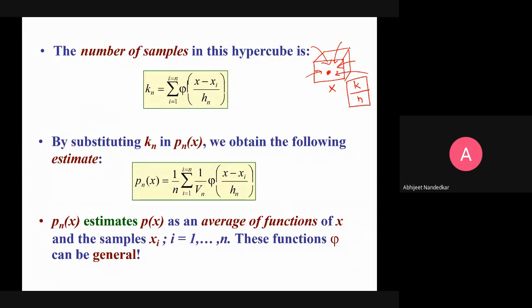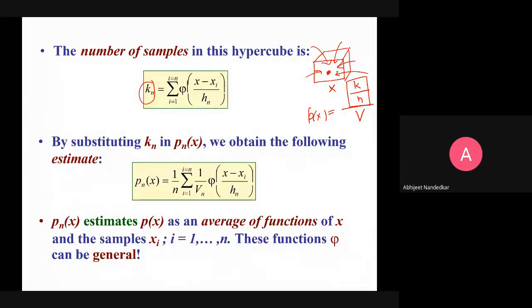That will be k by n, and then if you divide it by its volume, it will be p of x.